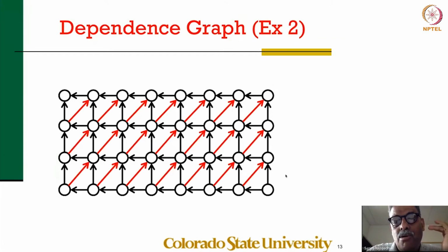Every iteration also "depends on", I use the word in quotes, its northeast neighbor. Okay, why is that? Because the iteration ij overwrites the memory location that was previously written by iteration i minus 1, j, and the iteration i minus 1, j plus 1 is a consumer of that value.